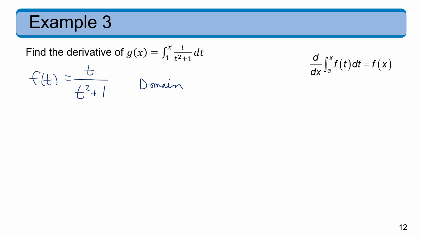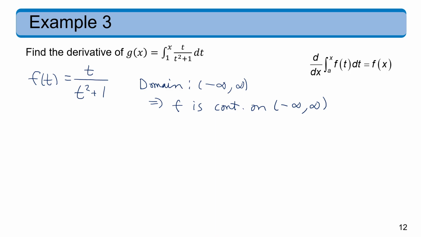And here that denominator is always 1 or bigger, because t squared is positive. So the denominator will never be 0, which means the domain is all real numbers. This tells us f is continuous everywhere on all real numbers. So the hypothesis of the fundamental theorem is met: the integrand function is continuous on whatever intervals we're considering.